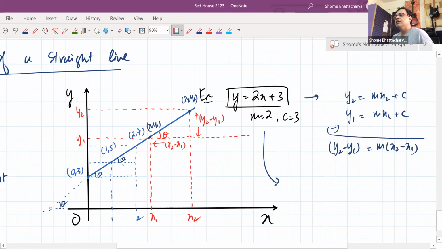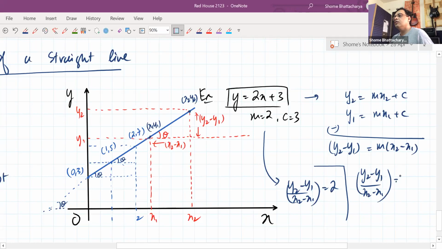So in this particular case, this ratio is equal to 2. The slope of the straight line is nothing but change in y upon change in x. Now coming back to the graph, that is nothing but perpendicular upon base for all these triangles, so it is nothing but tan theta.